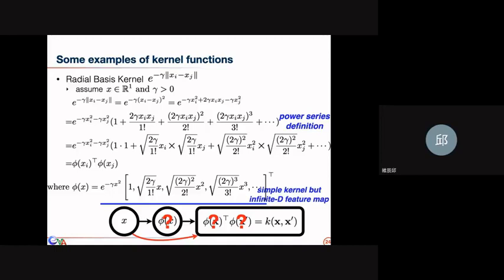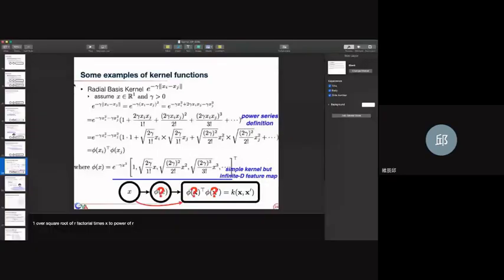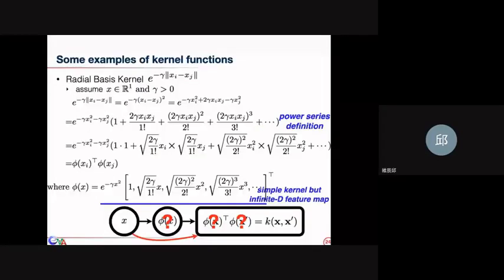This is an infinite dimensional feature representation. So even a very simple kernel could be related to a very complicated feature representation.